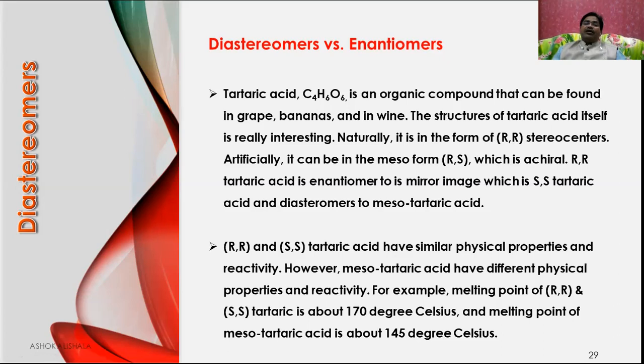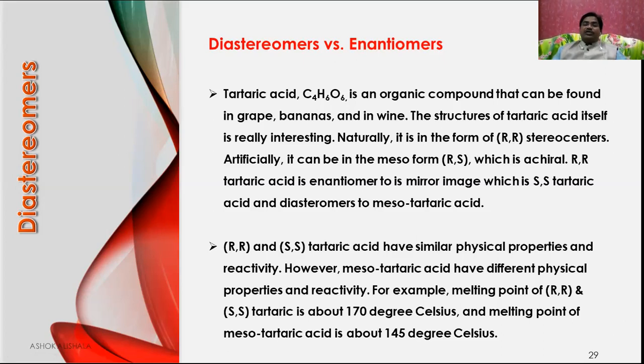Artificially, it can be the meso form, the R and S form, which is achiral. RR tartaric acid is enantiomer to its mirror image, which is SS tartaric acid, and diastereomer to mesotartaric acid. RR and SS tartaric acid have similar physical properties and reactivity.